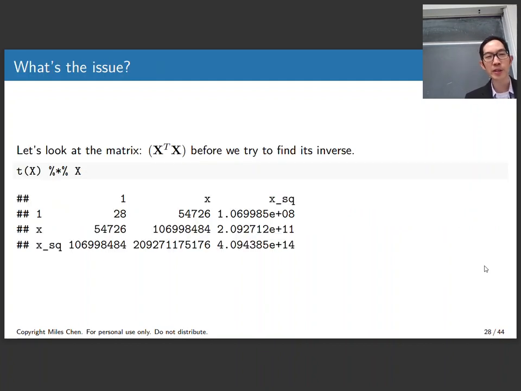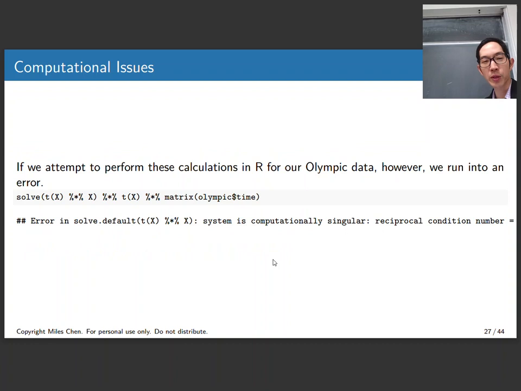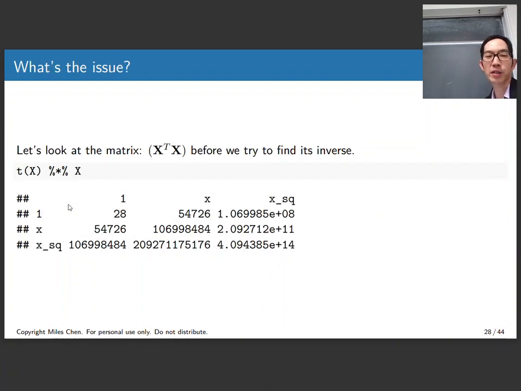If I look at X transpose X, this is what I get, and I'm trying to find the inverse of X transpose X. One of the problems is my X squared values. Remember I was taking things like the year 1900 or the year 2000 and squaring it. When you take the year 2000 and square it, you get 4 million.